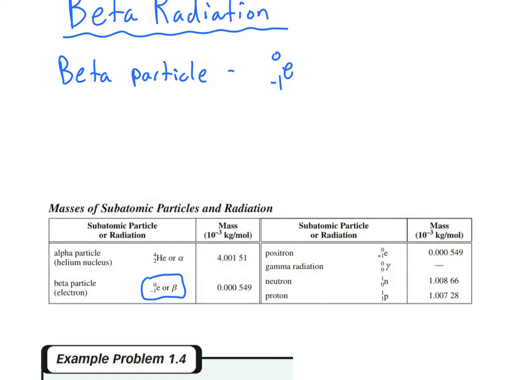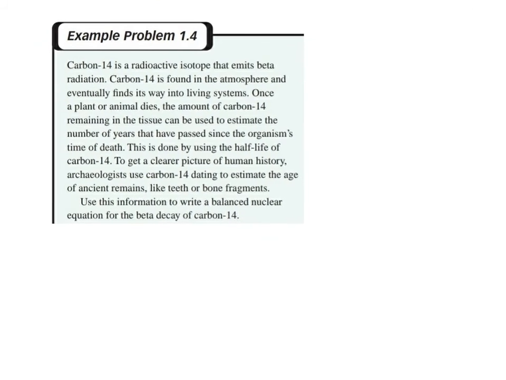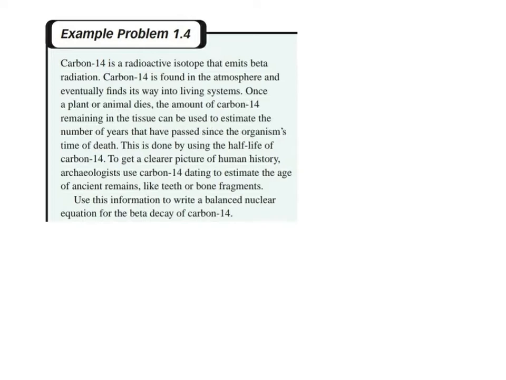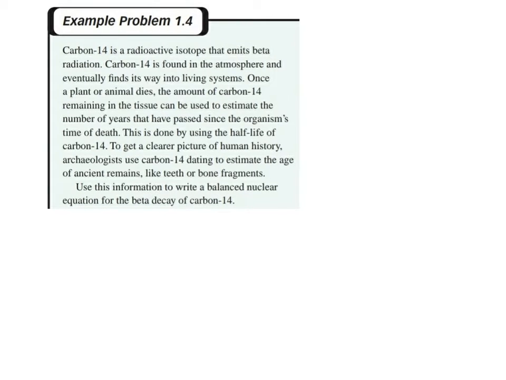We're going to jump right into an example right now, and I'll show you how to do this. Okay, so carbon-14 is a radioactive isotope that emits beta radiation. Carbon-14 is found in the atmosphere and eventually finds its way into living systems. Once a plant or animal dies, the amount of carbon-14 remaining in the tissue can be used to estimate the number of years that have passed since the organism's time of death.